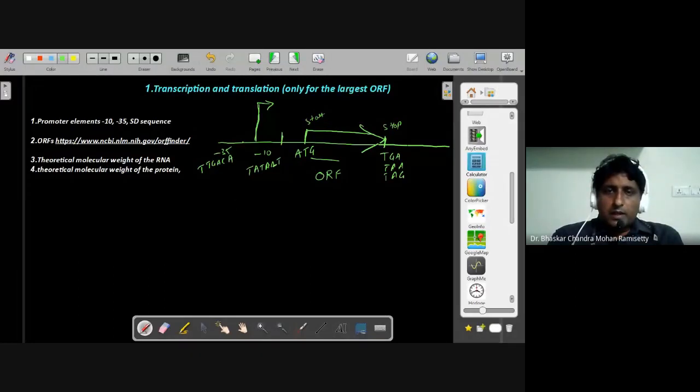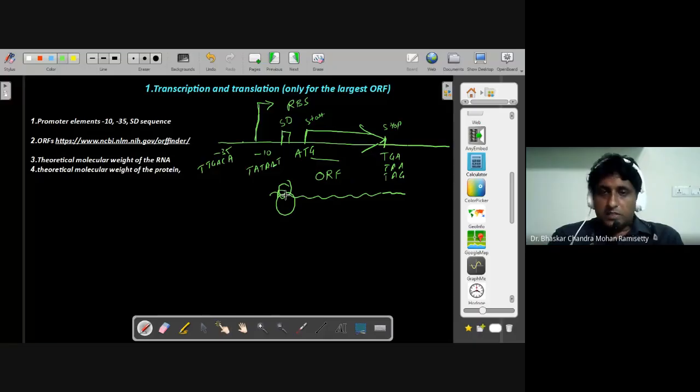There is another sequence somewhere here, and that is called the SD sequence. That is for the ribosome binding site, RBS. Shine-Dalgarno sequence. Upon transcription, an mRNA would be formed something like this. This is the SD sequence. That is where the initiation of translation would start.